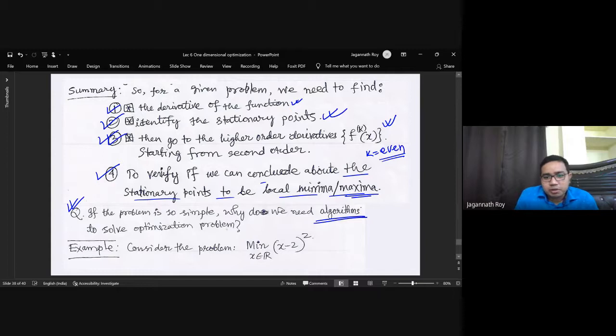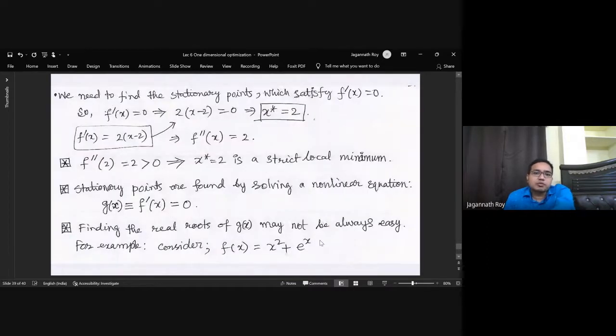For this problem, finding the minimum point is simple. We don't need any algorithm. But if we try to find the solution of this other problem, f dash x is not going to be 0.